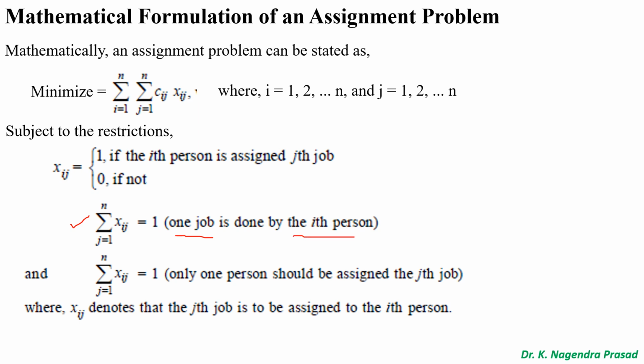Similarly, from the job's point of view, only one person should be assigned to one job: summation of i equal to 1 to n of xij equal to 1, only one person should be assigned the jth job. So here xij denotes that the jth job is to be assigned to the ith person.